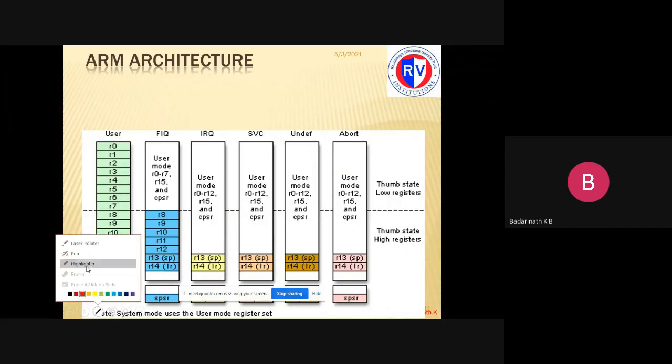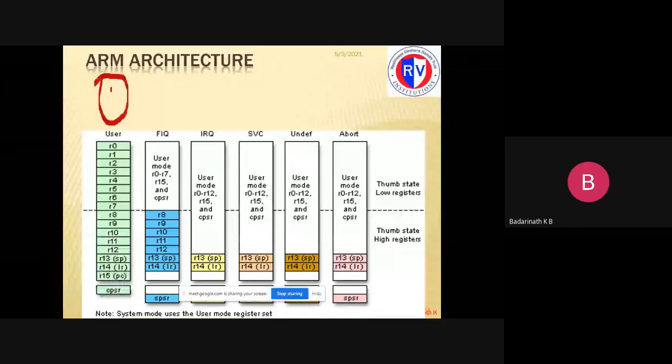The program is not completed, it is a big program, and you are somewhere in the middle of it. These are the registers used in the program by the programmer to implement this logic.